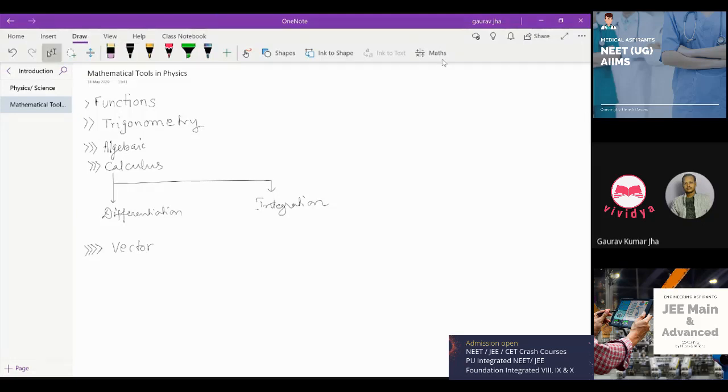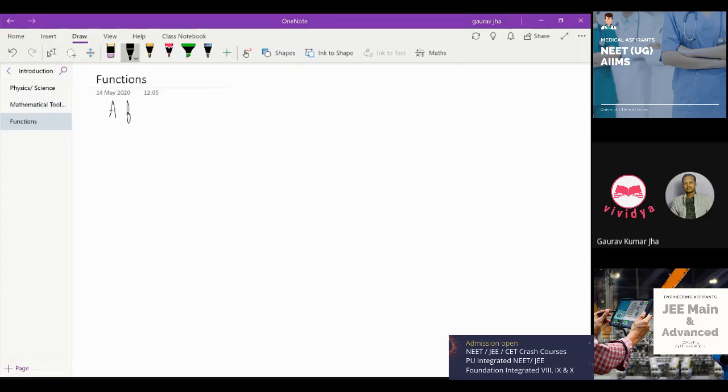So let us begin with the idea of function. What is a function? A function is a relation between two or more variables.